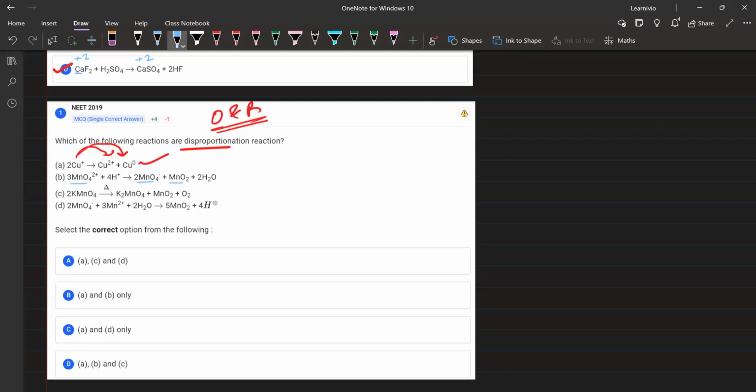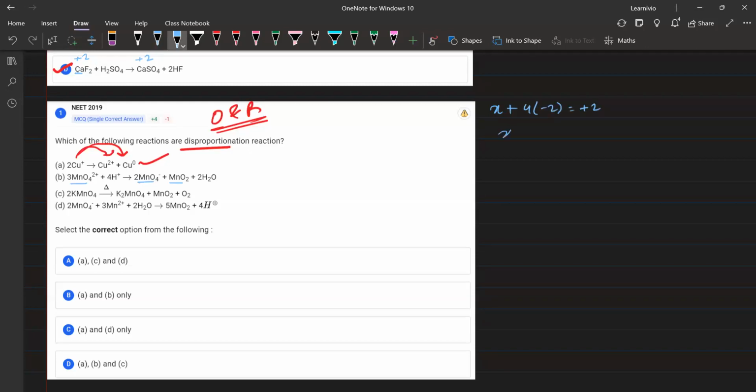Here they have given MnO4 2 positive, but it should be 2 negative, that is what we feel. But still let us see. MnO4, X plus 4 into minus 2 is equal to minus 2.